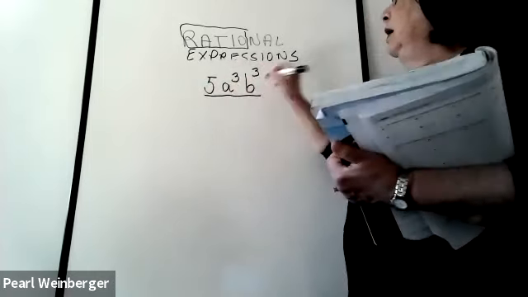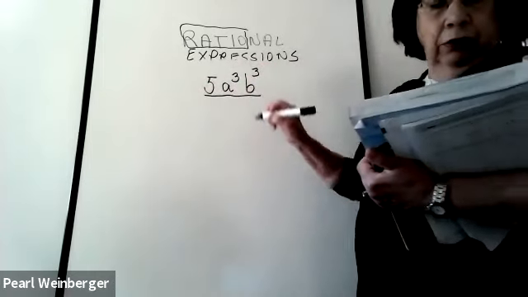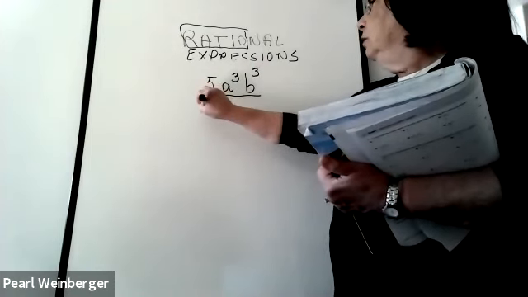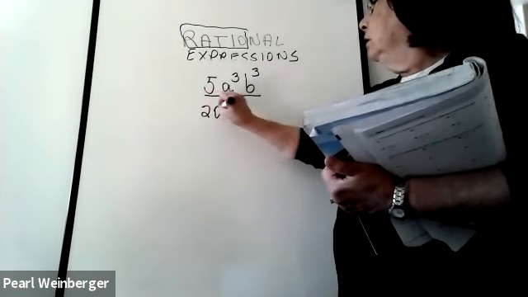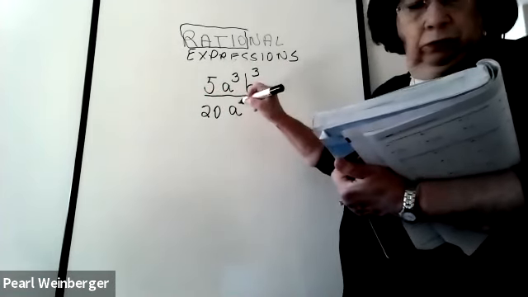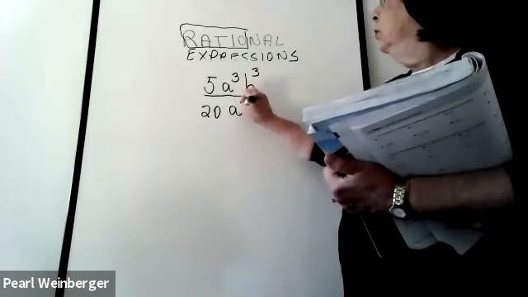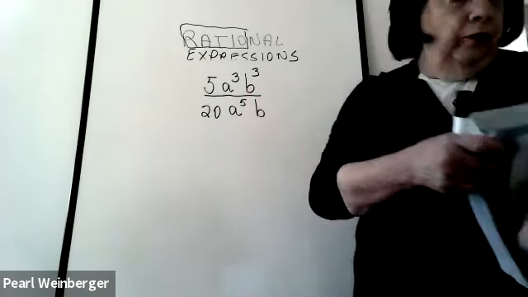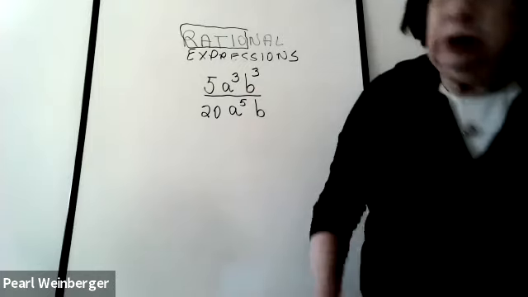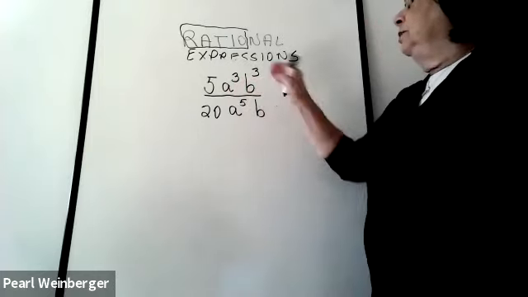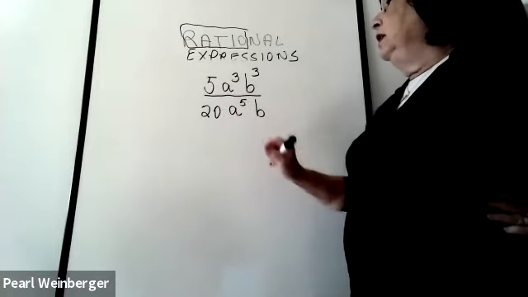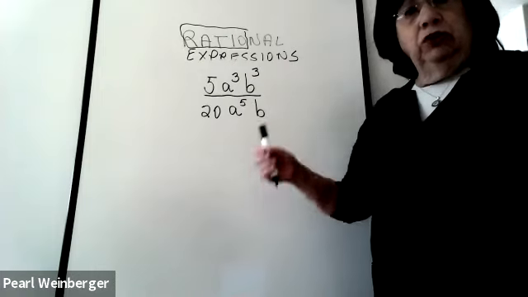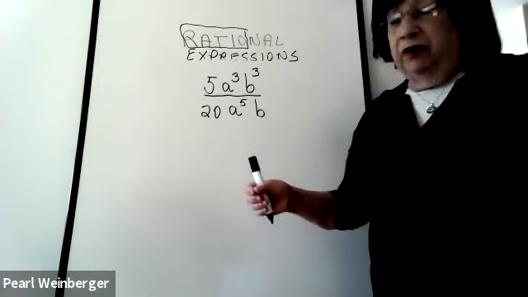The numerator and the denominator are single terms. Let's say it had something like this. 5a to the 3rd b to the 3rd over 20a to the 5th b. This is a rational expression. We want to reduce it. We want to simplify it.